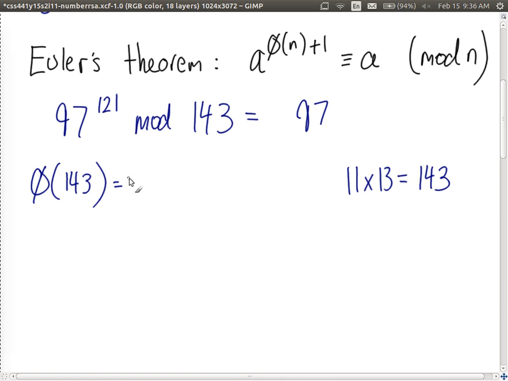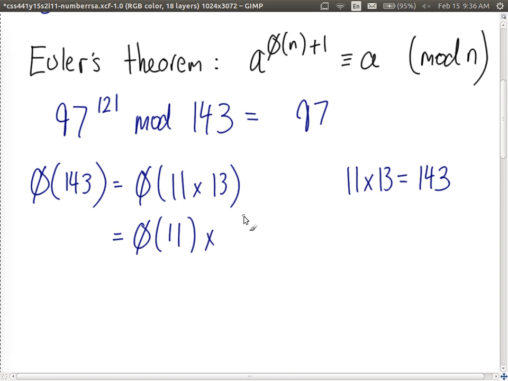The shortcut for Euler's totient function is, if we know that there's just 2 primes multiplied together, then this is the totient of 11 times 13, and that simplifies to the totient of 11 times the totient of 13.